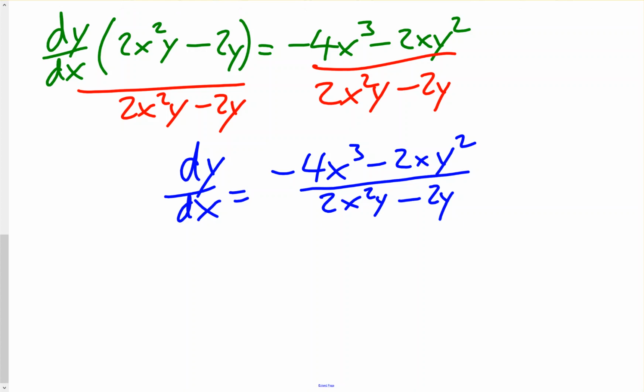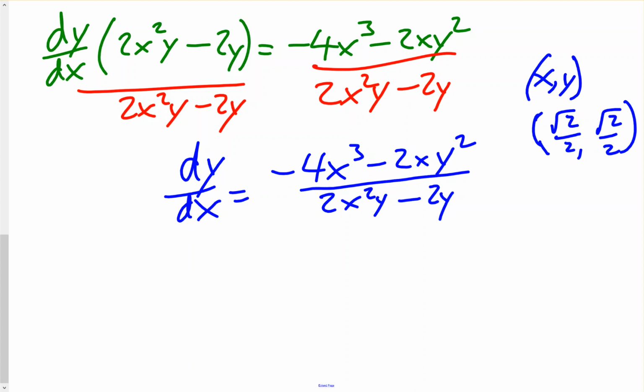Okay, next we have to figure out the slope at the point. And the point is square root 2 over 2, square root 2 over 2.